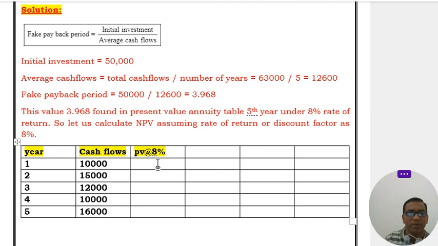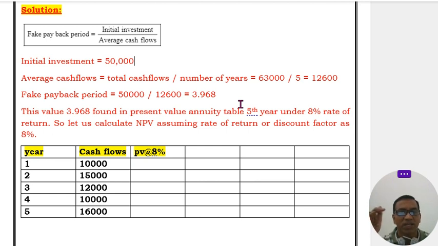PV at 8%. So we have to take the present value table values at the rate of 8%. This is the first table, the present value of rupee table values at 8%. How did you get 8%? That is based on the fake payback period. We calculated the fake payback period 3.968, and I went to the present value annuity table, 5th year row.